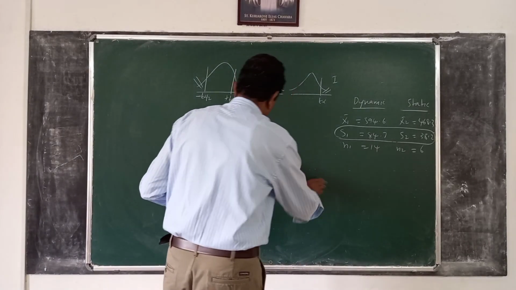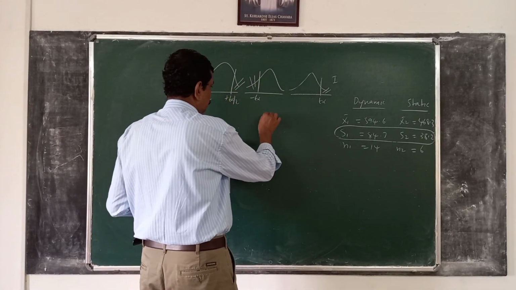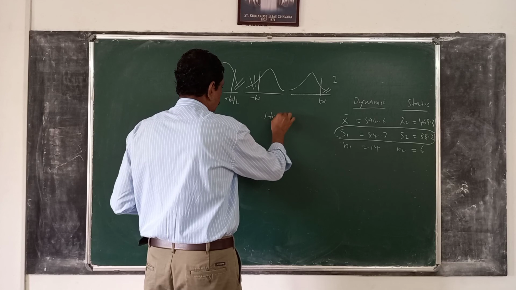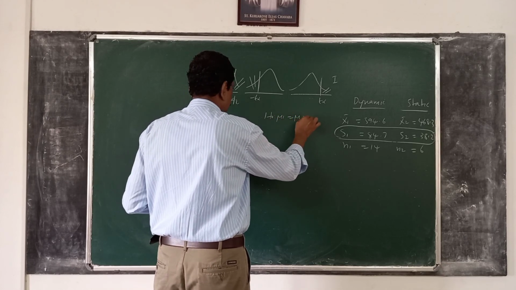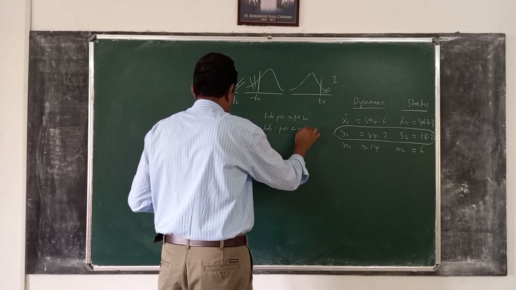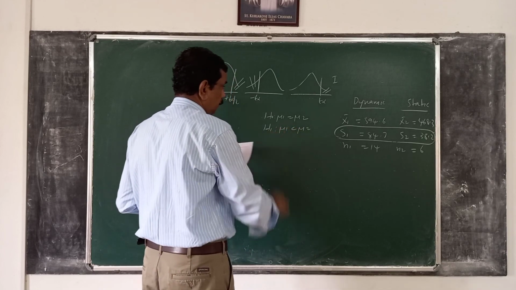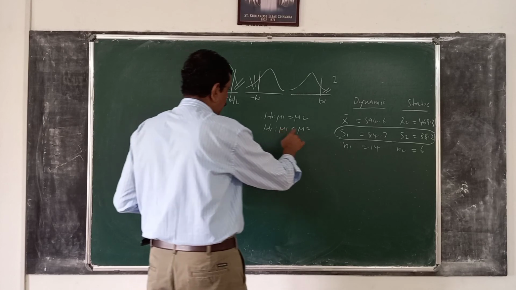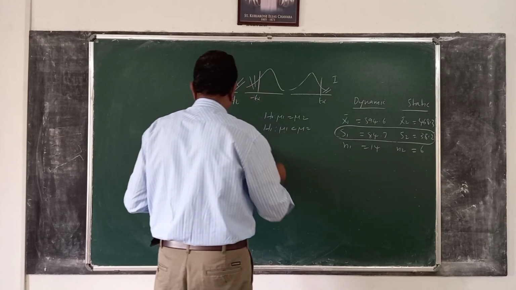Now, using the hypotheses H0: mu1 is equal to mu2, H1: mu1 is less than mu2. That is, the dynamic procedure requires less time than the static procedure.